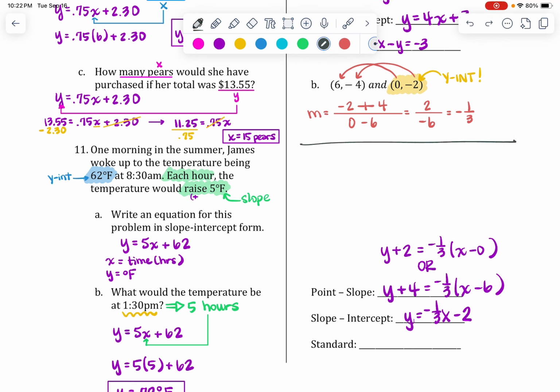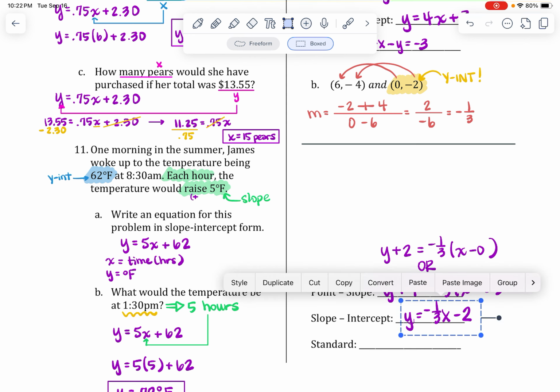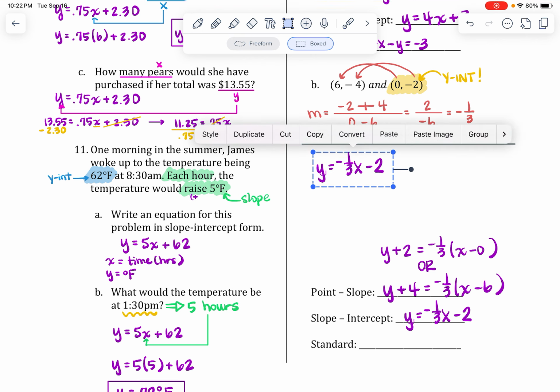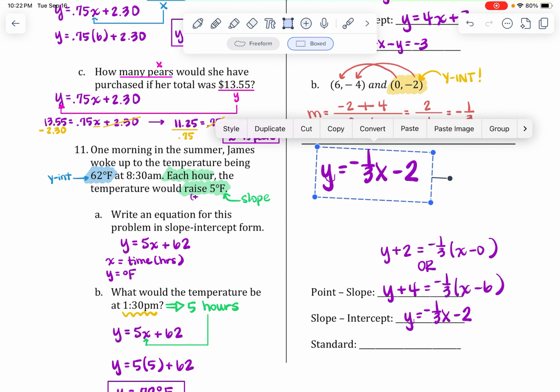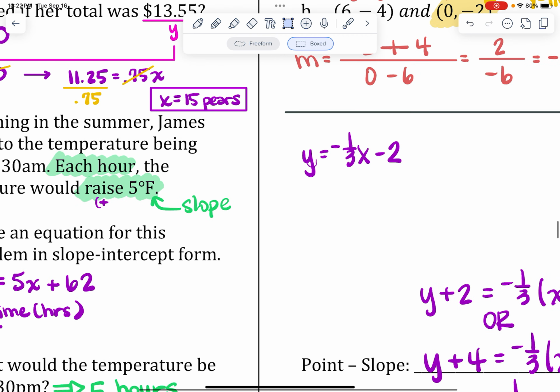All right, then I'm going to use my handy-dandy slope-intercept form that I found right here. Let me copy and paste it up here. Okay. So standard form is the same 2 steps.